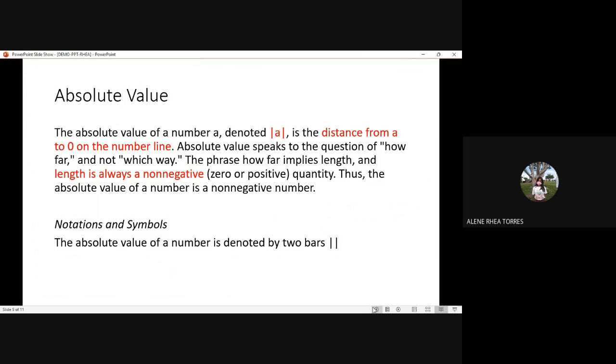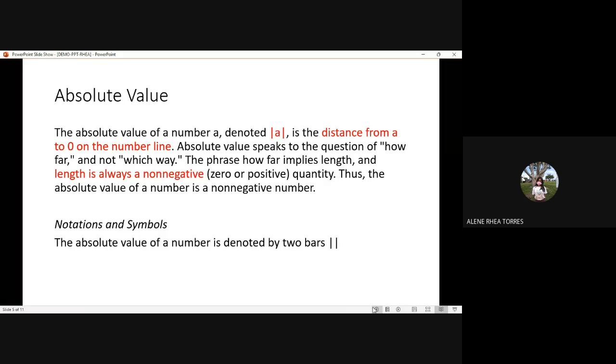Maghatag ko og example, but before that, tandaan nato guys na makabalo na it is yung gipangita is absolute value if naay ani na sign, duha ka bars. Okay, bar, number, bar, kung basahon nato siya, the absolute value of a number, like for example bar 3 bar, ang pag-read ani is the absolute value of 3.